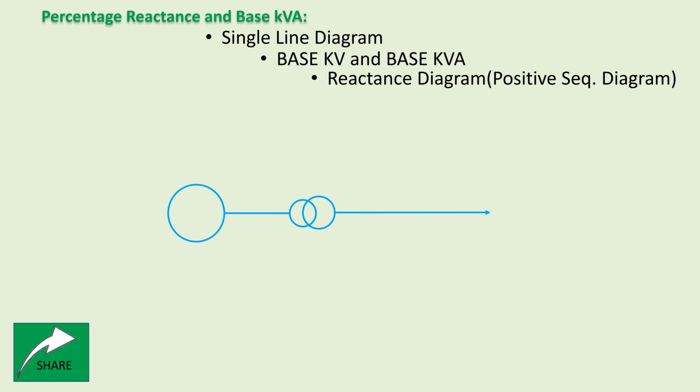Let us consider a three-phase transmission line having operating voltage 66 kV connected through a 1000 kVA transformer with 5% reactance to a generating station bus having a generator of 2500 kVA with 10% reactance, represented by the single line diagram.